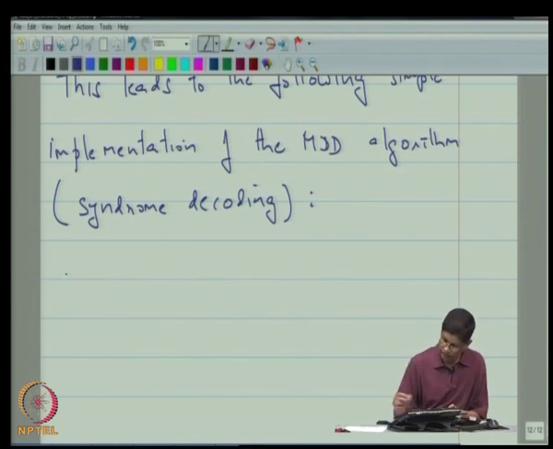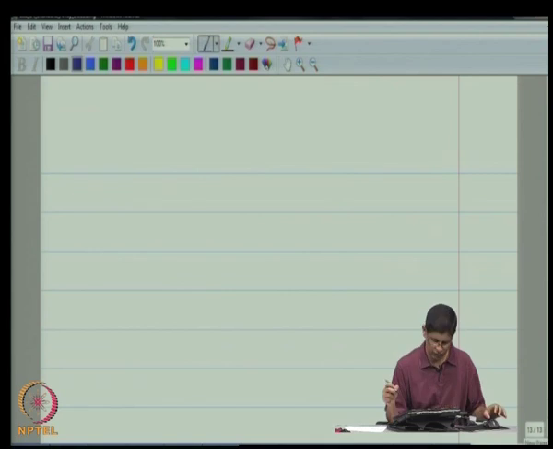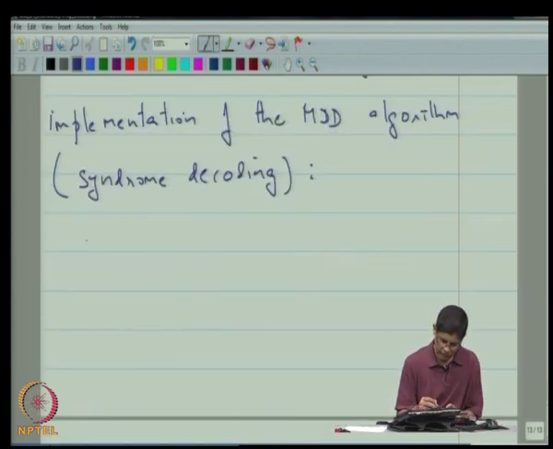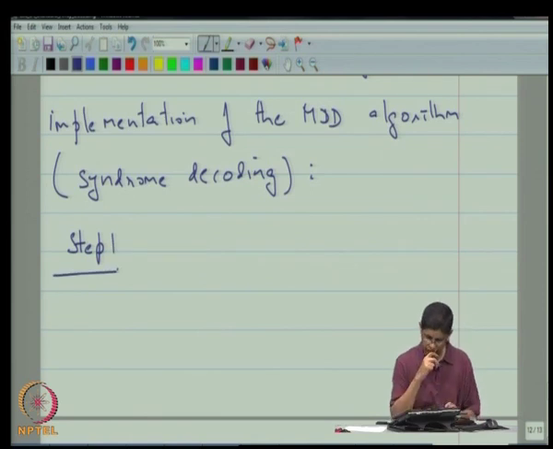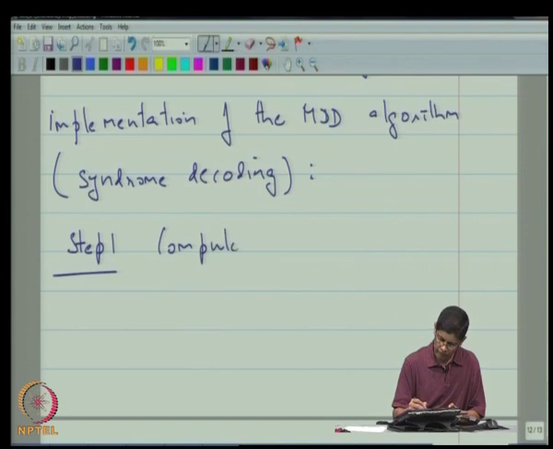So, step 1, compute syndrome S, which is given by h times y.